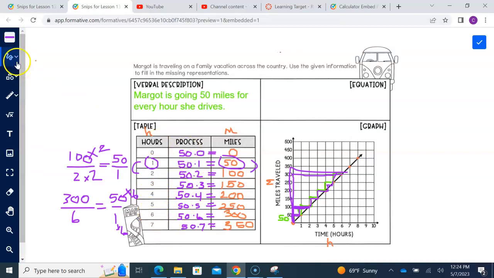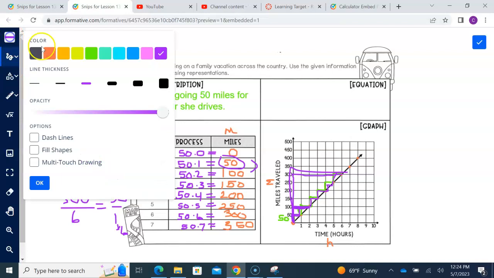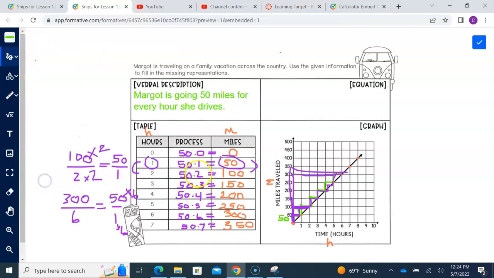Okay, so if we're trying to figure out the equation, look at the pattern in this table. Look at your process. Right here is your unit rate. That's in the entire formula. It's 50 every time. What's varying or changing is this value right here, which is how many hours you're going.